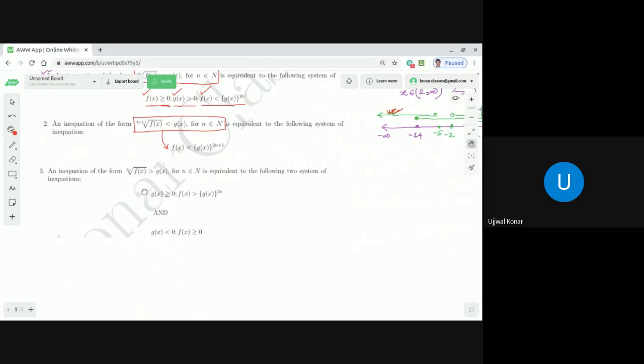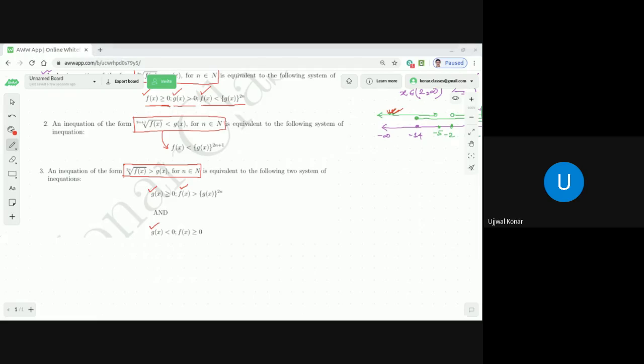The first one is that gx is greater than or equal to 0, and fx is greater than gx power 2n, and there is the 'and' statement, gx is less than 0 and fx is greater than or equal to 0. So when we see that the 2nth root of fx is greater than gx, we should follow this guideline.